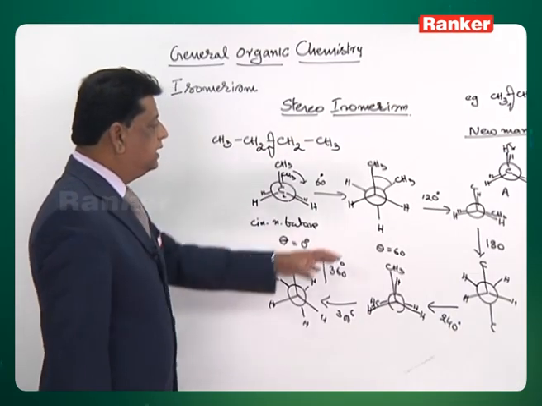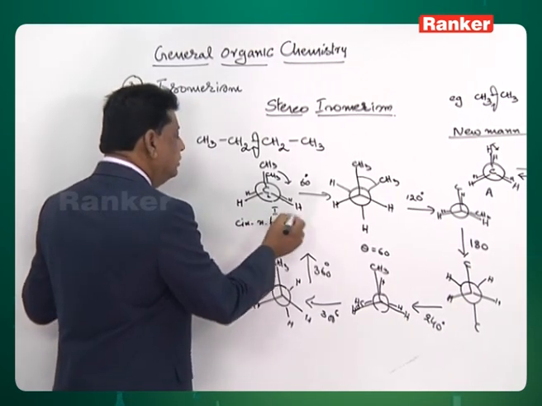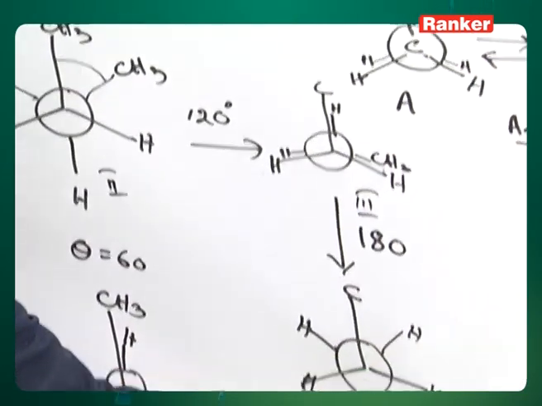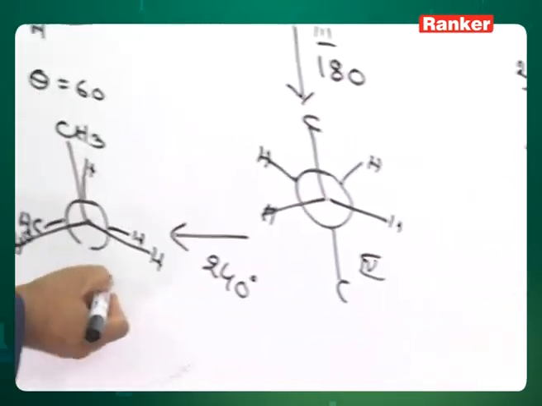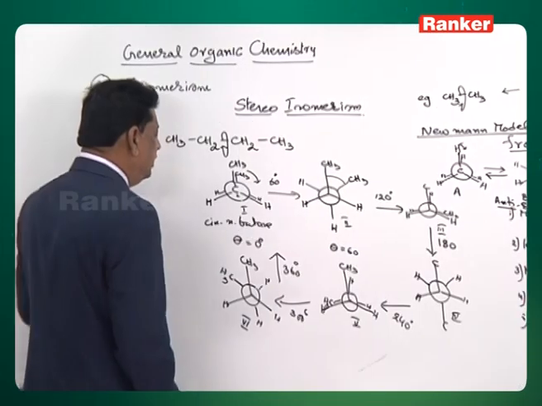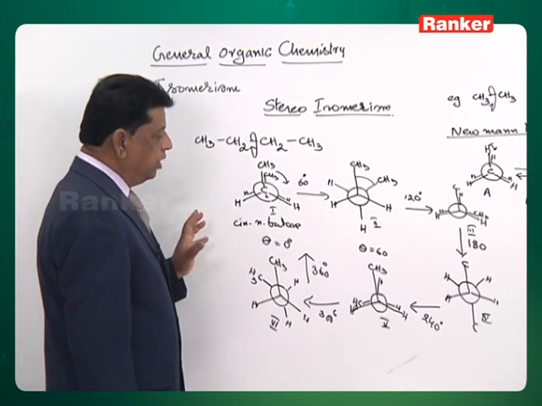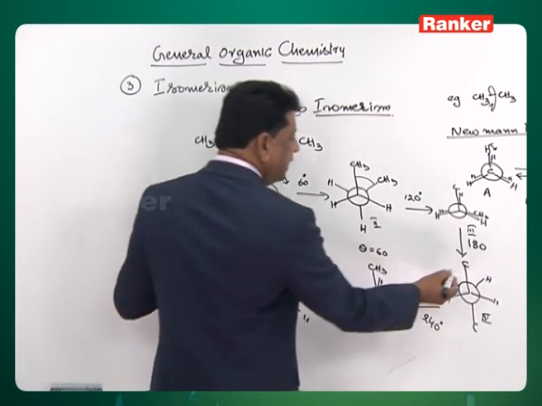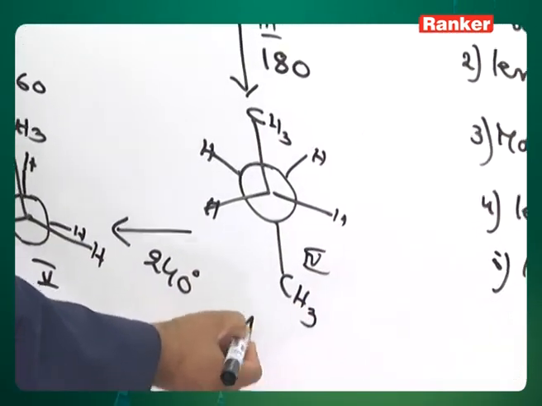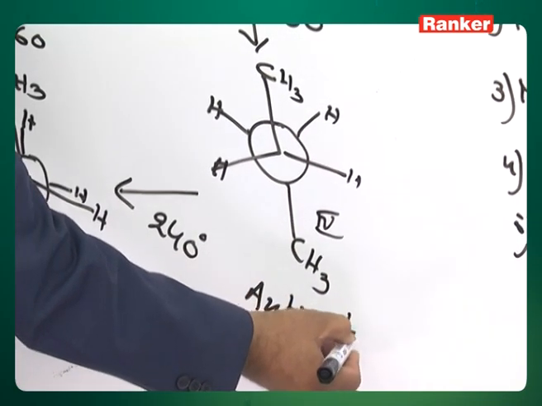So, there are 6 conformers coming, let us say 1, 2, 3, 4th, 5th and the 6th one. The first one is called syn n-butane, and the opposite one, two methyls exactly opposite, is called what? Anti. The sixth one is called anti n-butane.